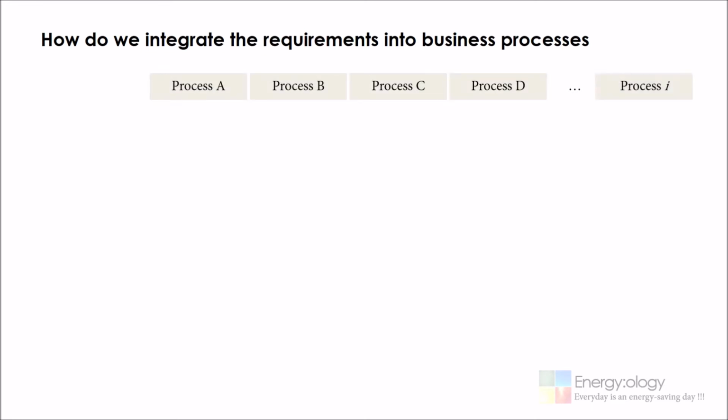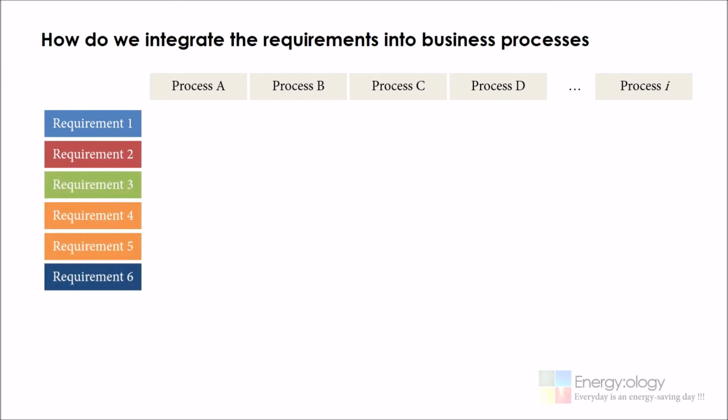So, how do we integrate requirements into processes? First of all, you need to identify what are all the various processes that is in your organization. Then we need to list down what are all the applicable requirements on the organization.